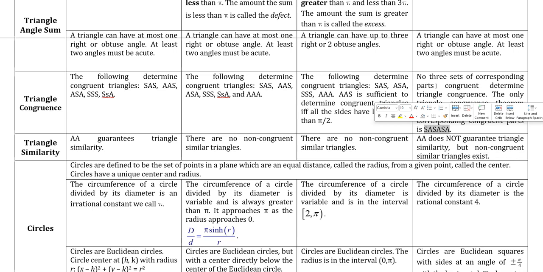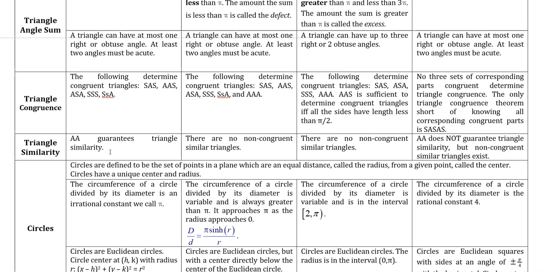The side angle side angle side condition, missing one A, is enough in taxicab to determine the final angle. But that's the only way that you can get there.